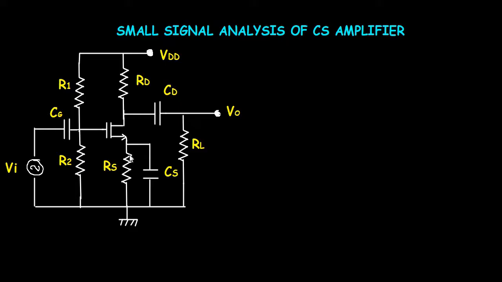Why is this configuration called common source? Because in this configuration, a small input signal Vi is applied between the gate and source terminals, and the output is measured across the drain and source terminals. So the source terminal is common to both input and output.